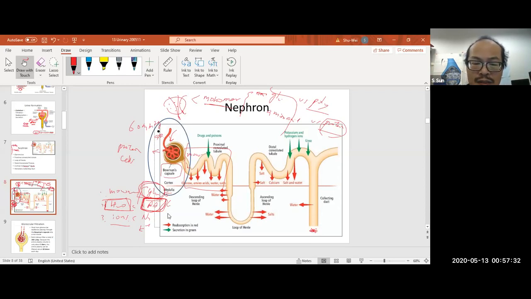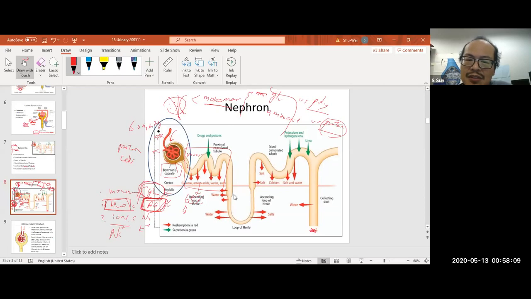Water is very important. The major ion that we take back is sodium. Here we reabsorb sodium about 65%, and by doing so, we also reabsorb water 65%, because water reabsorption follows the osmotic pressure. When we reabsorb salt, that will drag the water with it. So in the beginning, we absorb everything we need.